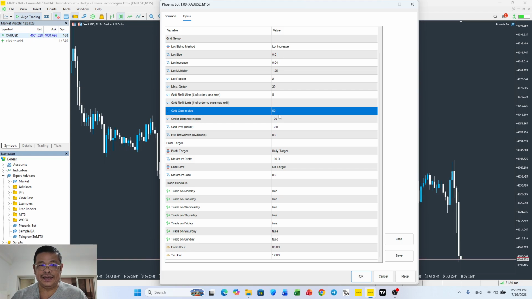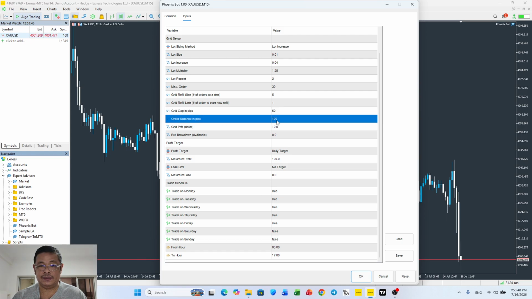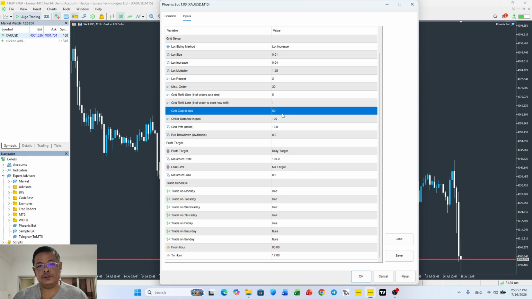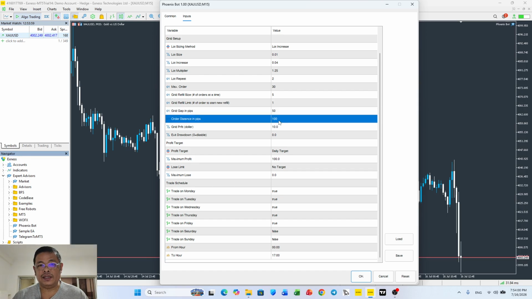The larger the grid gap and order system you put in, the longer it takes to close profit, and probably the larger the drawdown it could take. That's the reason the default that I recommend is 50 and 100, meaning $0.5 of gold price, and $1 of gold price for order distance.